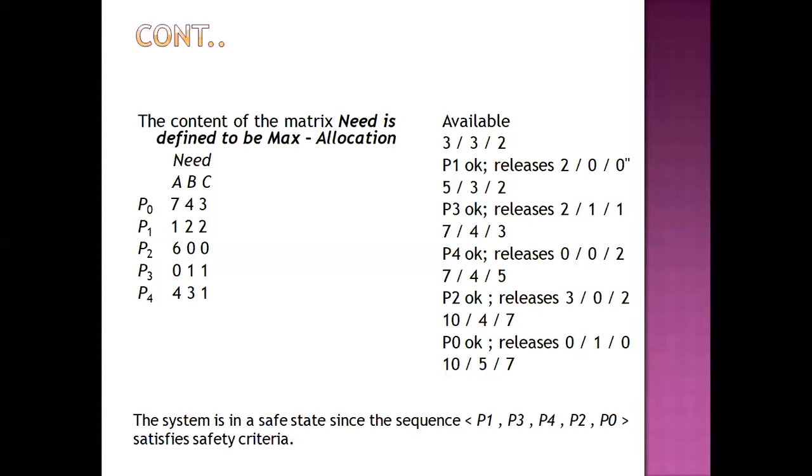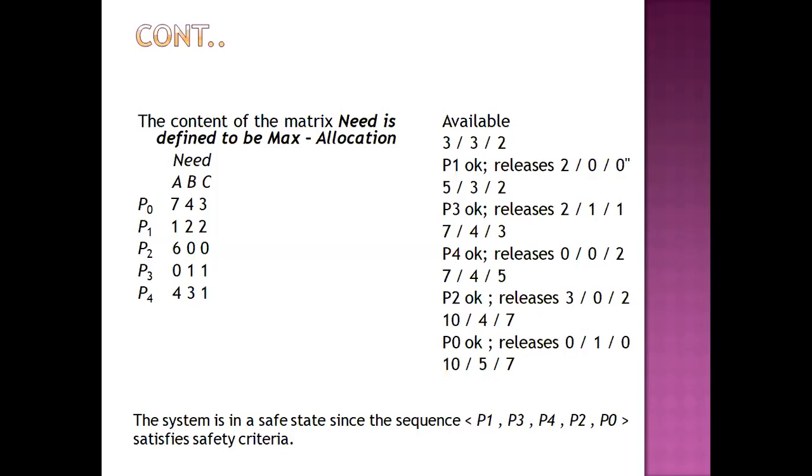Now we have to check which process can execute now and which cannot. Let's check for the process P0. We know that we have available 3 of A, 3 of B, and 2 of C. But P0 needs 7 of A, 4 of B, and 3 instances of resource C, which is not possible to execute.